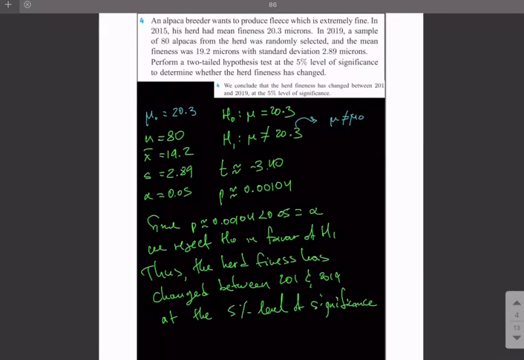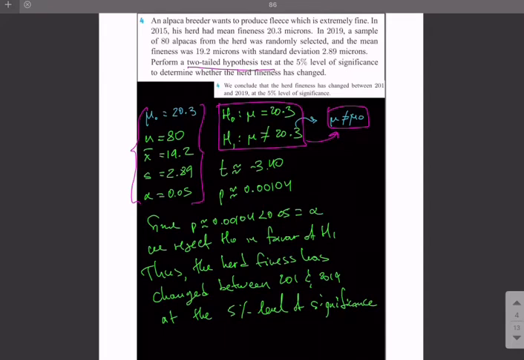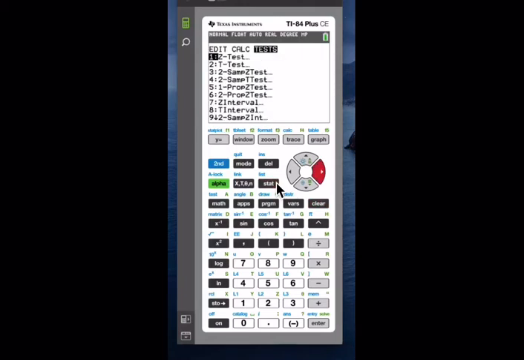Question number 4, again you write the summary of the given things that the problem has given you. You're writing the two hypotheses, and it's important to translate the alternate hypothesis into the correct symbol for the calculator, which is basically this is a two-tailed hypothesis test. So you're choosing the option mu different than 20.3, and then I have to go into my calculator, go to stats, test, t-test.